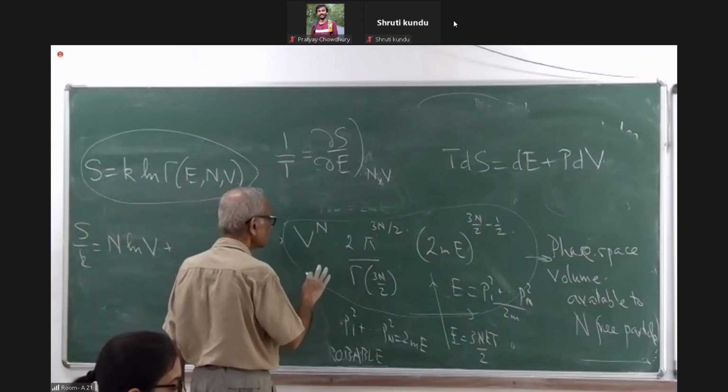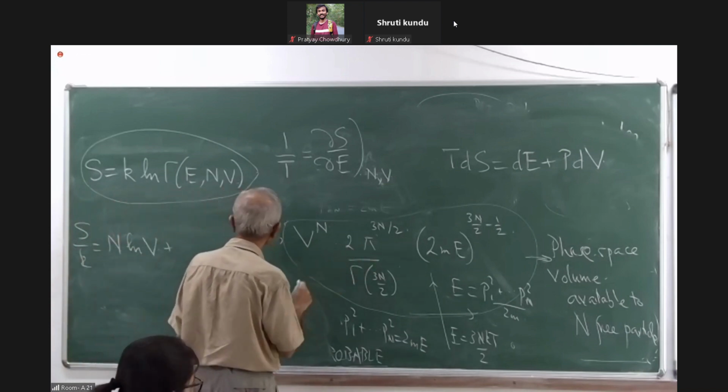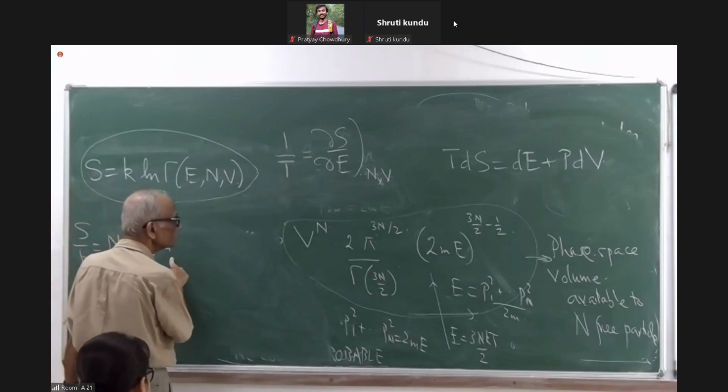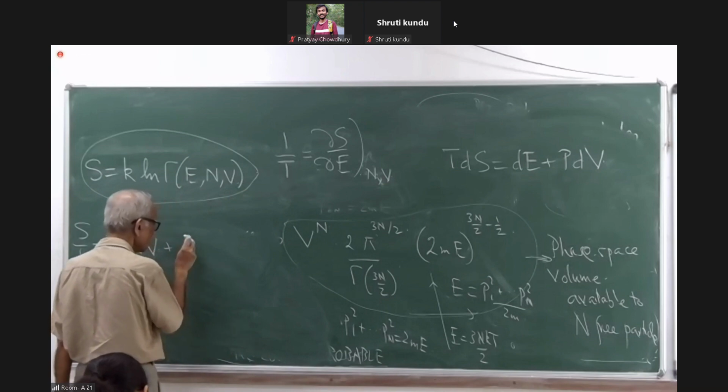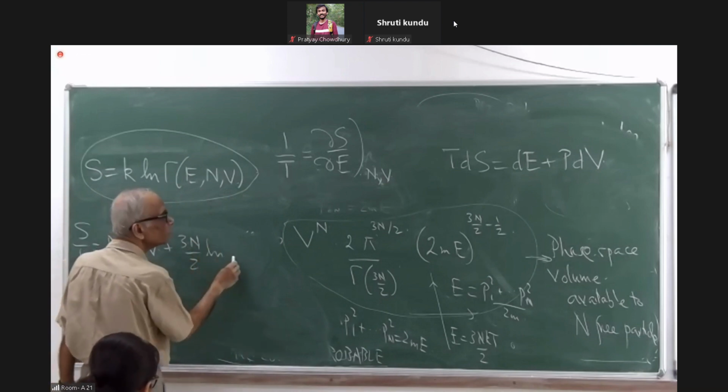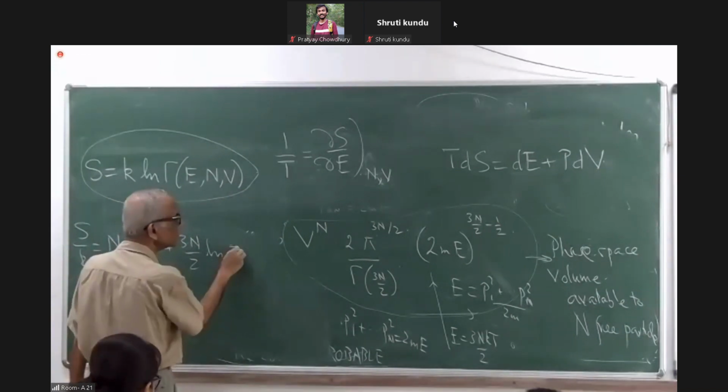So this is 2, without... 3n by 2 log pi.